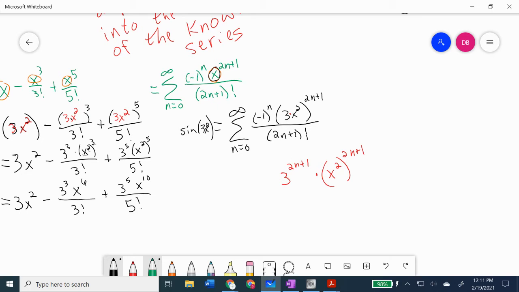When you multiply, be careful and make sure that you multiply with a parentheses around that addition. So we have the 3 to n plus 1 times x to the power of 2 times 2 and 2 times 1. And that's this piece, and then I'm just going to surround it with everything else.